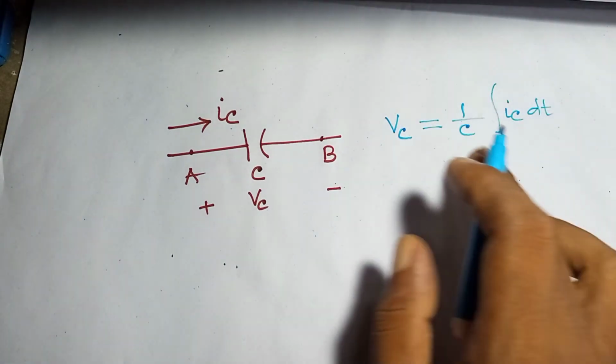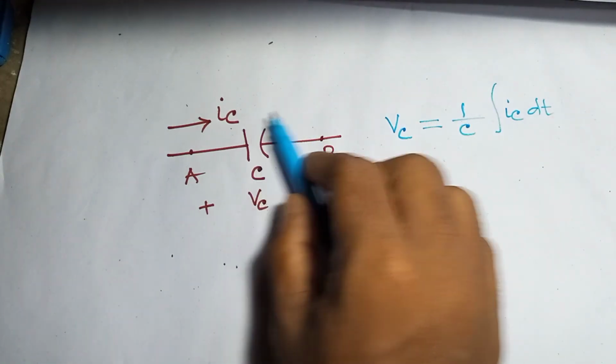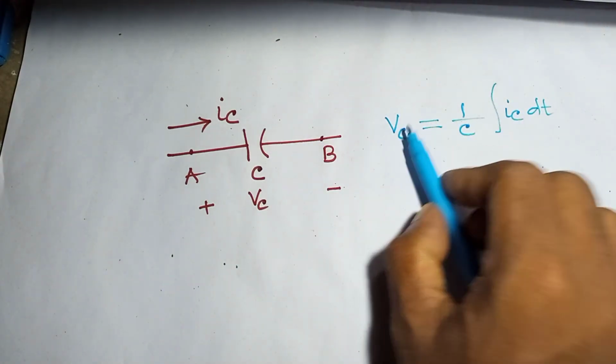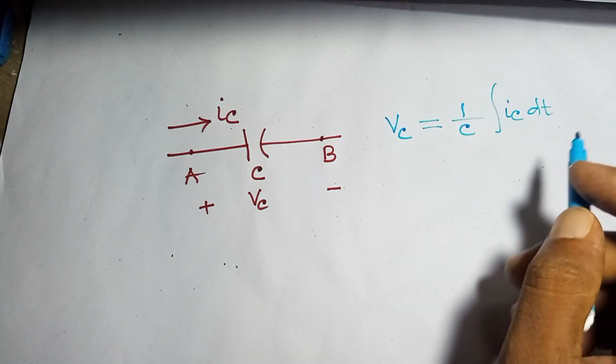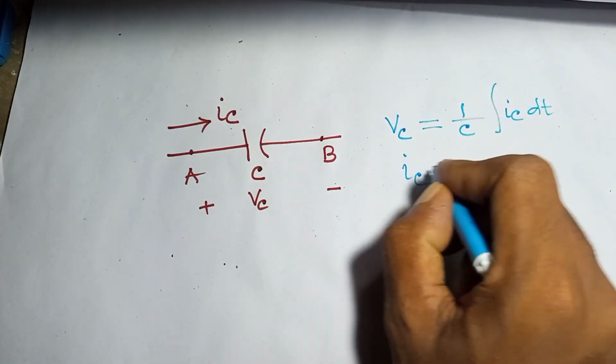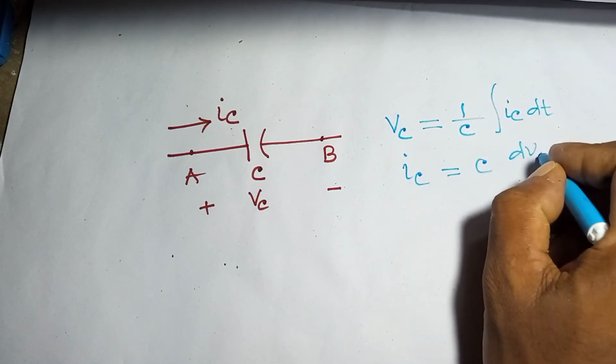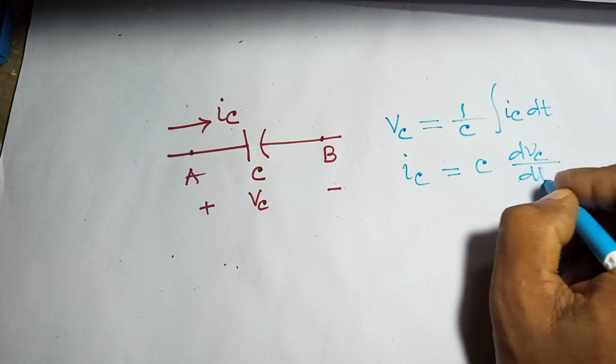This is the relationship between the capacitor current and capacitor voltage. This relation also can be written like this: the current through capacitor is given by C times dVc upon dt.